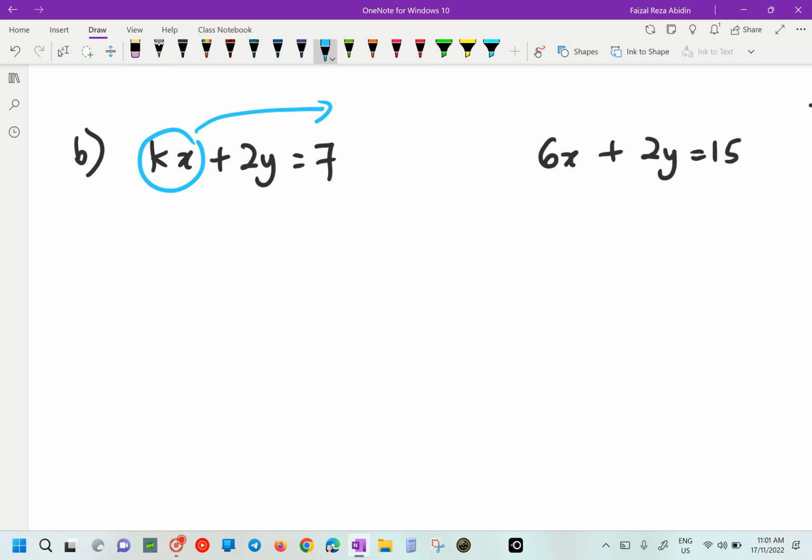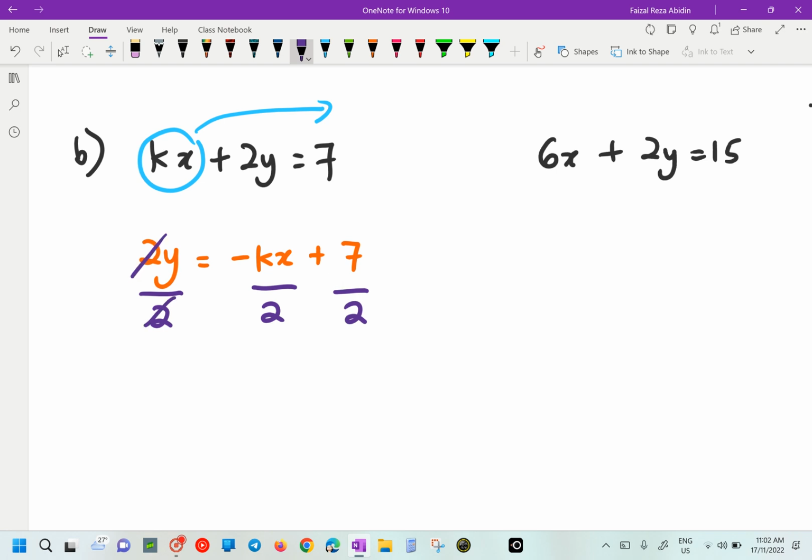Because we are going to make our equation of straight line become 2y equals negative kx plus 7. So what must I do next? Yes, divide by 2, because we are going to make our coefficient of y become 1.